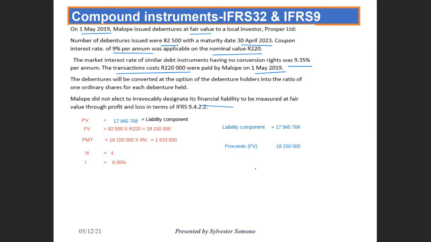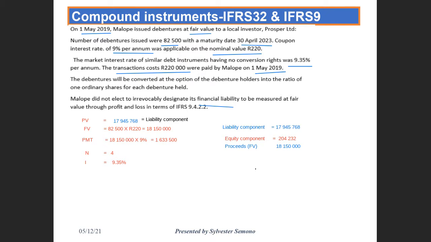And then how much will be the equity component? So the difference between the proceeds which I had and the liability component. Let's use the calculator and see how much you get. I get 204,232. Can you see? So this is my equity component.